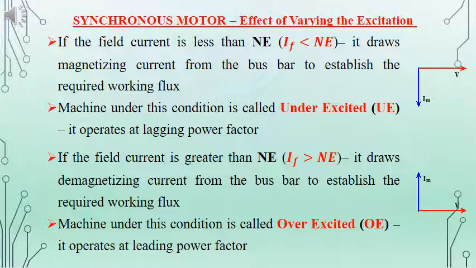What happens if the excitation is above the particular limit? That is, the excitation current or the field current is increased in order to get a magnetic flux above the required working flux.